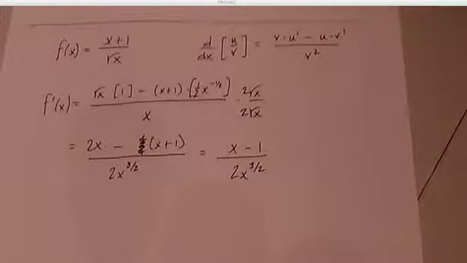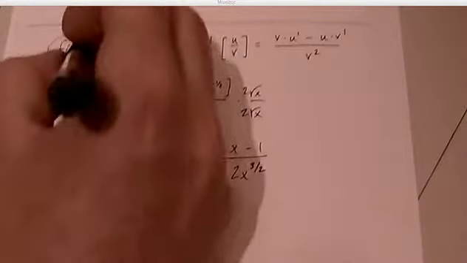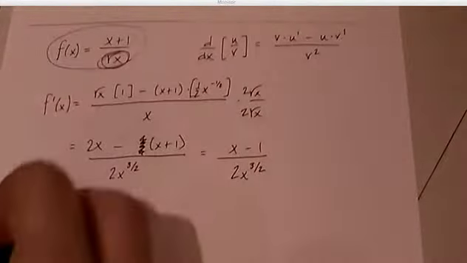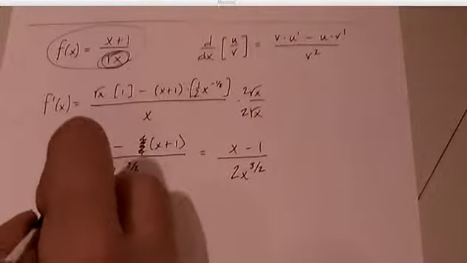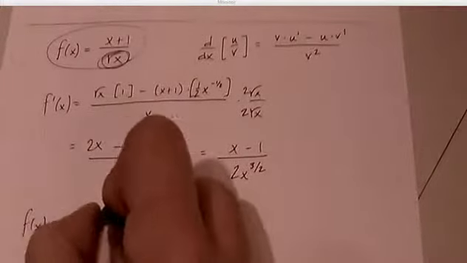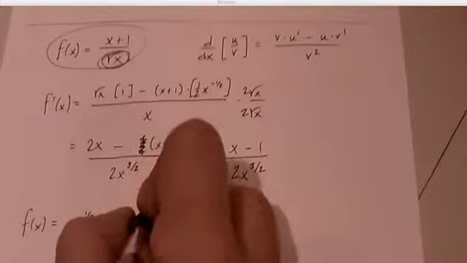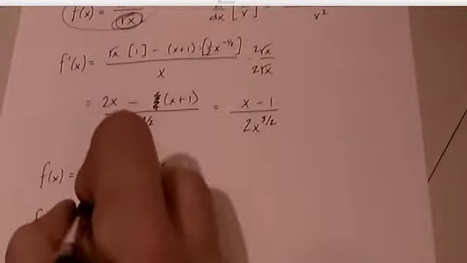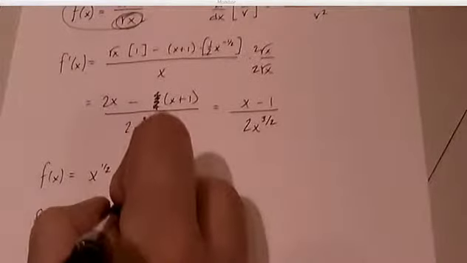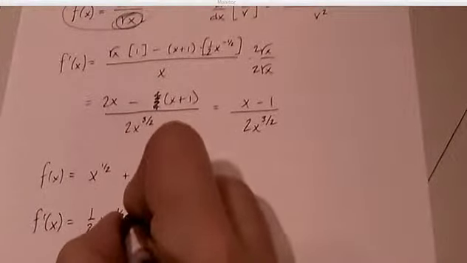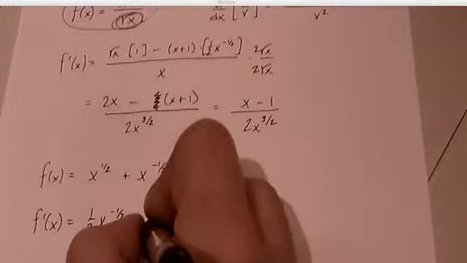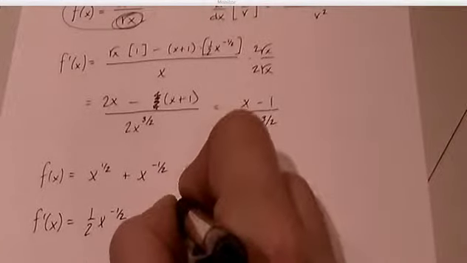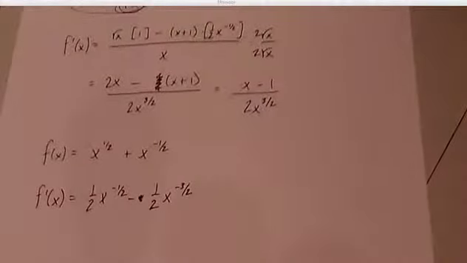Now, did I have to do this one by the quotient rule? The answer is no, because remember, monomial denominator right here. I could have changed that into x to the 1/2 plus x to the negative 1/2, and then done 1/2 x to the negative 1/2 minus 1/2 x to the negative 3/2.